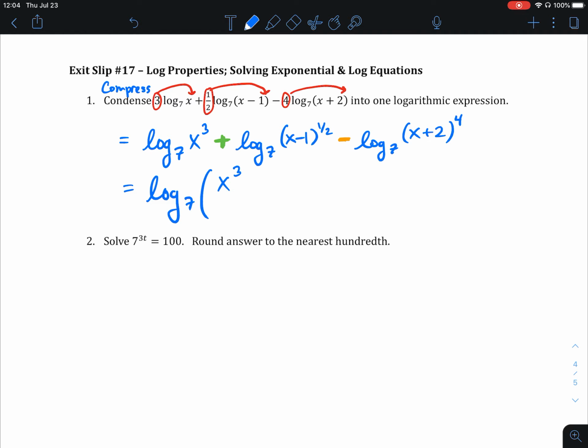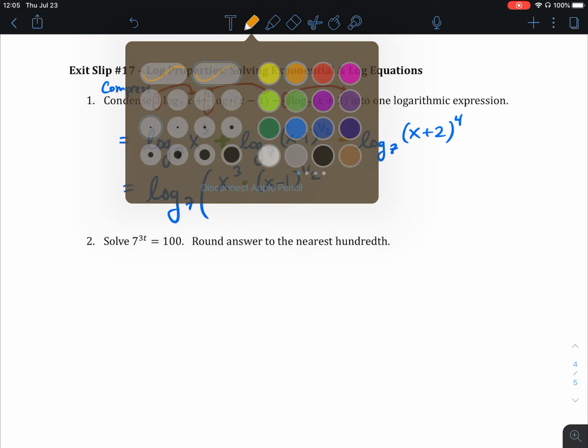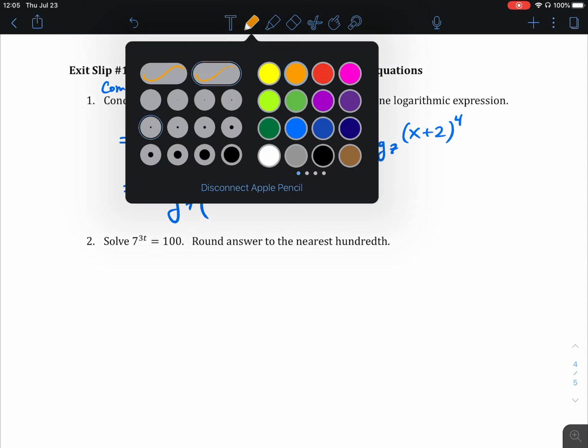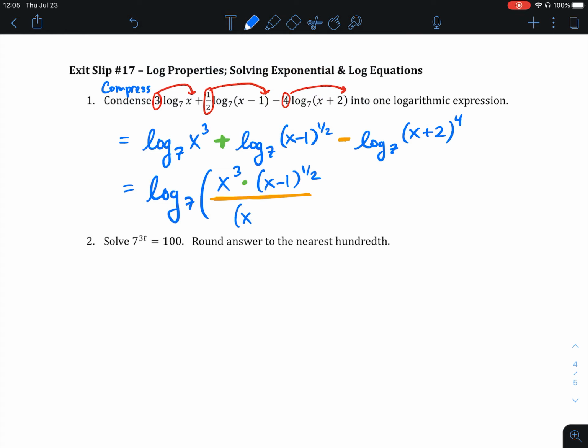So I'll really have x cubed multiplied by the x minus 1 to the 1/2 power. And when logs are being subtracted, as our last term is, that tells us we can divide by that argument. So I'll divide by the x plus 2 to the power of 4. I think we've reached our goal of compressing into one logarithmic expression.